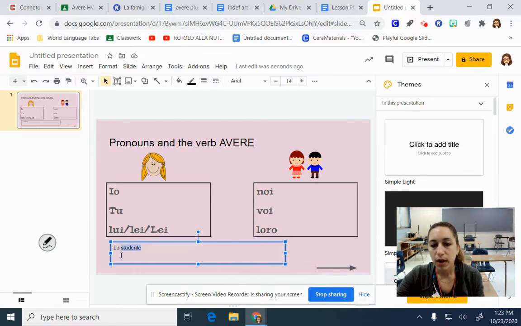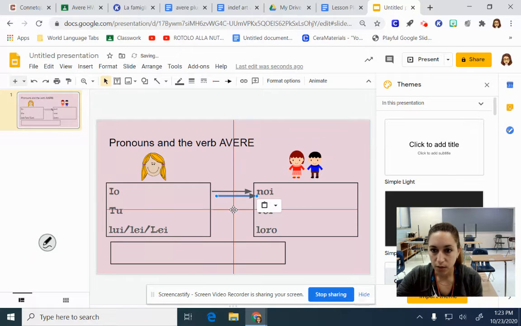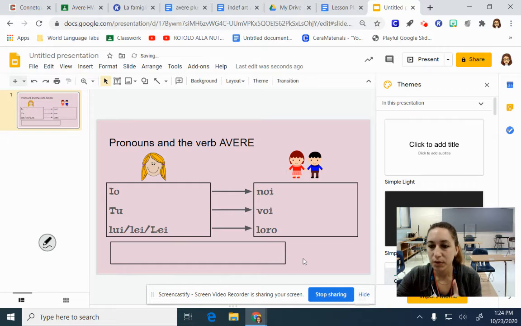The problem is it gets trickier when you see these three. When are we going to use these three? So here's where I take these little arrows and I say that's what you use. So I'm just going to Control V, move it across, and Control V, move it across. What does this mean? This means that if it's more than one person, you have to figure out which of these three to use, but if you see io plus somebody else, it's a noi.